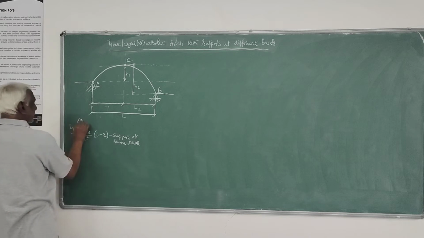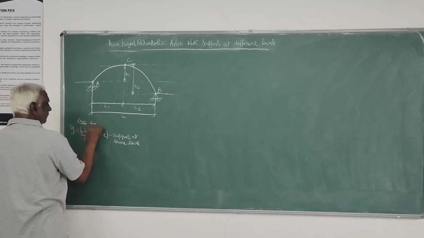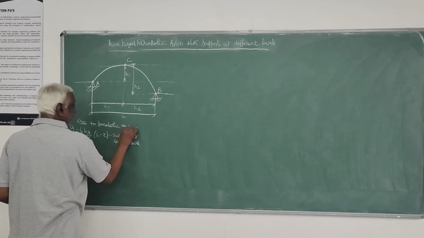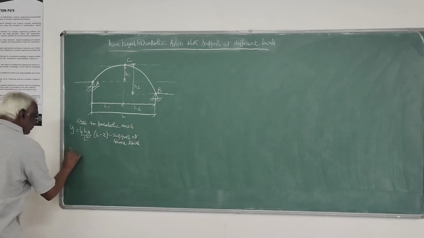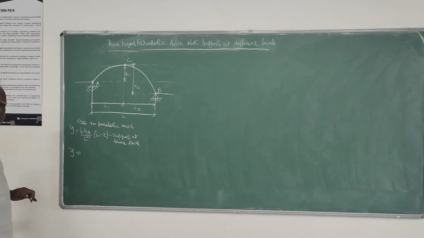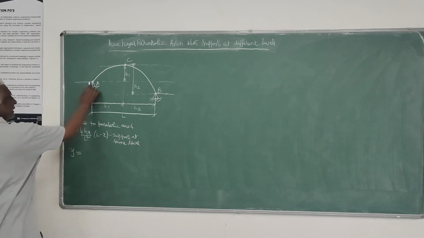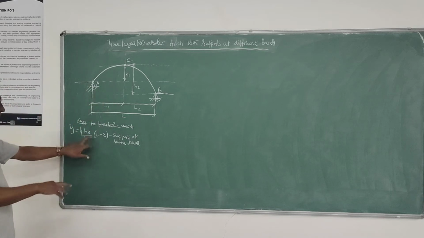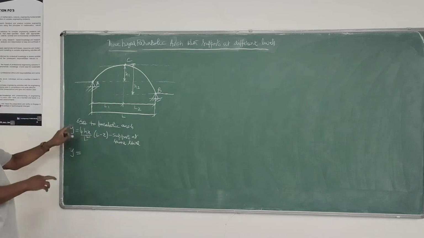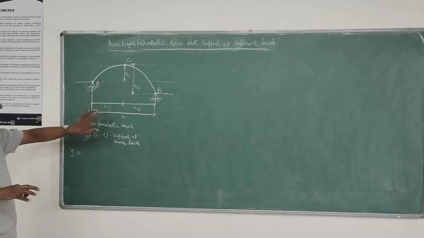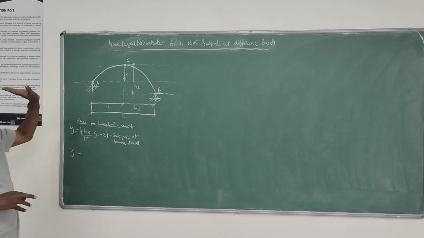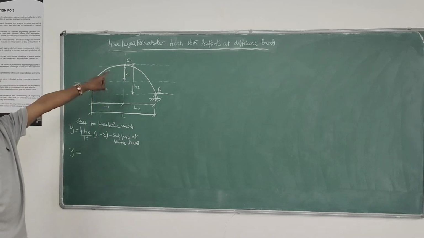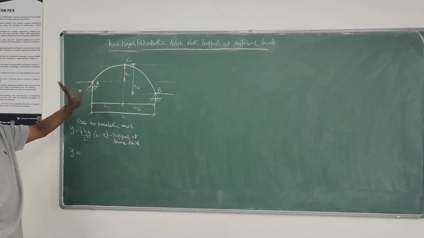This is the equation of a parabolic arch. When the supports are at the same level, the origin is taken at one of the supports, the left or the right support. When supports are at different levels, we take the origin at the apex point, that is the topmost hinge.